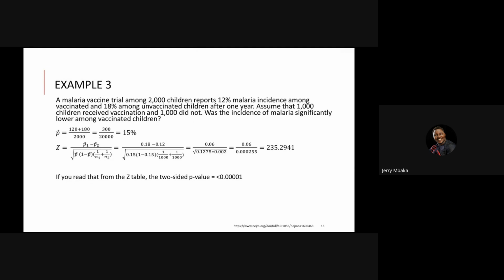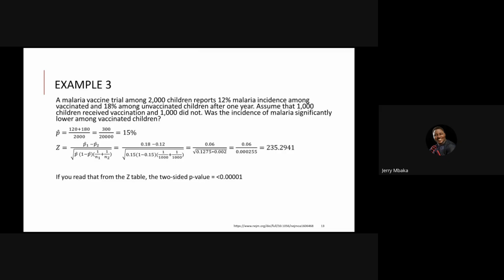By just looking at this visually, we can already tell that there is a 6% difference between those that were vaccinated and those that were not.